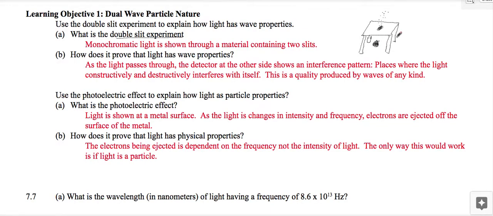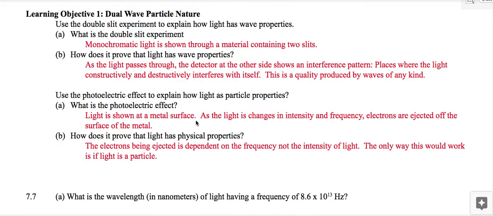That's what we would see if it was a particle. We would just see these two bright spots on the other side of the double slits. Instead, we see this interference pattern. We have places of bright light and places of no light. And so we have constructive and destructive interference, and this is something that you would see with waves.